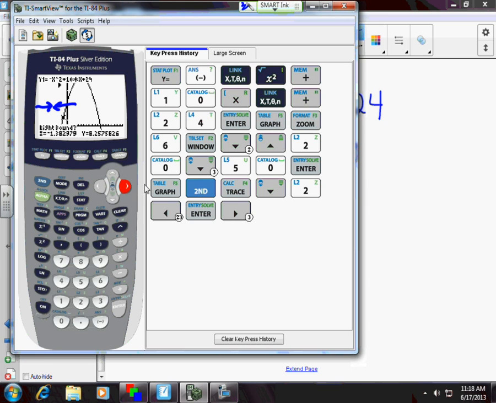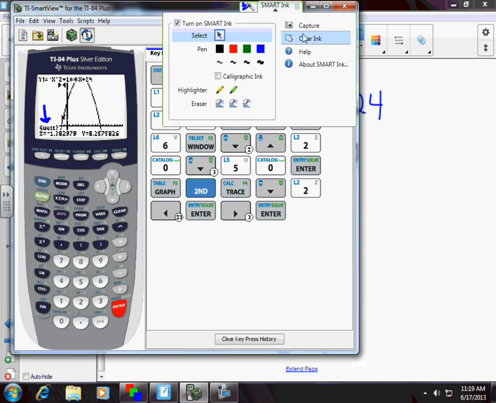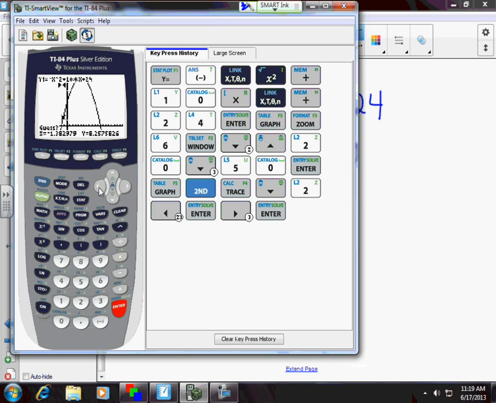So I am to the right of the intercept horizontally. Okay, so since I'm to the right, I'll press enter. And now finally it says guess. So it wants you to get close to the intercept. So again, we'll use the arrow key to get close to it. That's fairly close. So we'll press enter one more time.